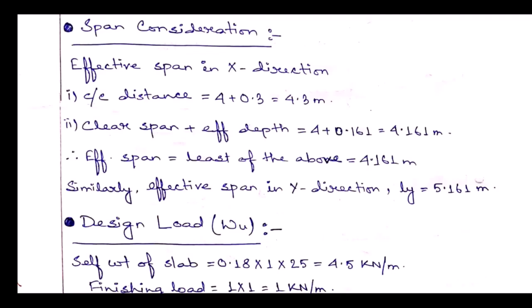So that is equal to 4.3 meter, or clear span plus effective depth. So clear span is 4 plus effective depth as per calculation is 0.161 meter. So that is equal to 4.161 meter. From these two, the lesser will be accepted. Therefore, effective span is equal to least of the above, that is 4.161 meter. Similarly, the effective span in y direction, Ly, is equal to 5.161 meter.